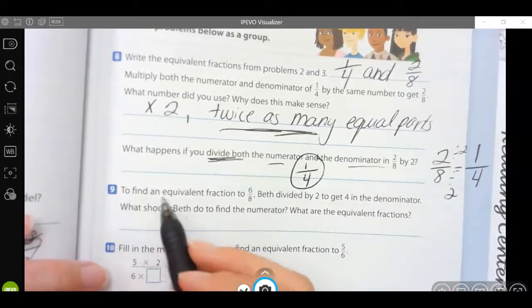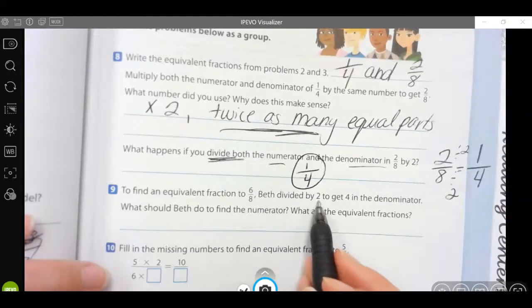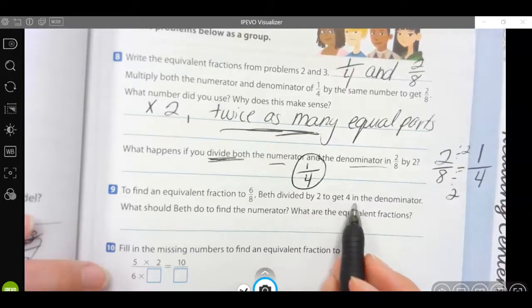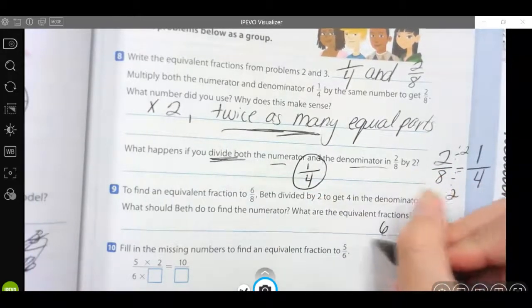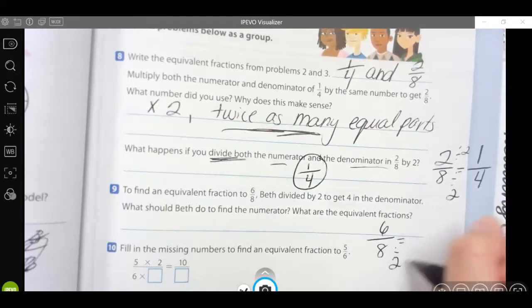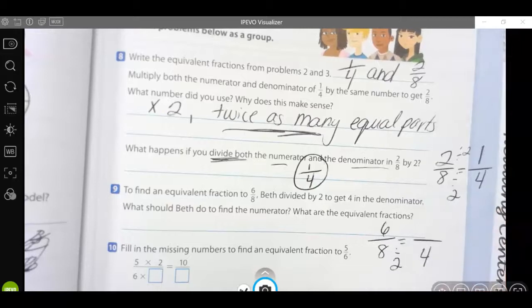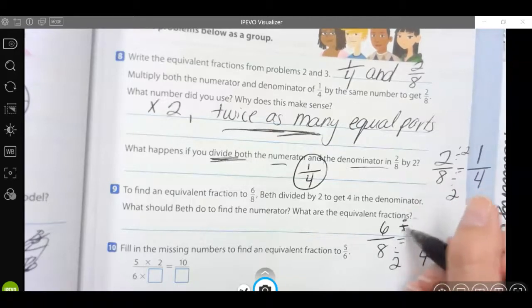Number 9. To find an equivalent fraction to 6/8, Beth divided by 2 to get 4 as the denominator. So let's do what Beth did. So we have 6/8, and she's going to divide by 2 to get 4 as the denominator. What does Beth do to find the numerator?